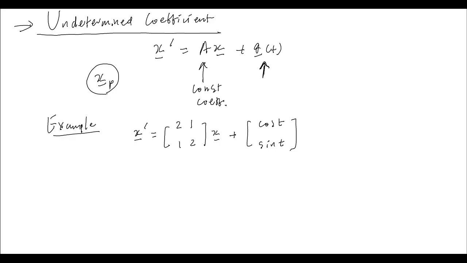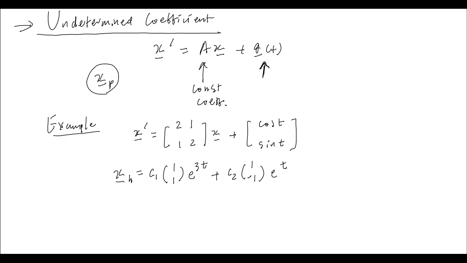And since you know how to do it, I will write down the solution here. If you solve it, xh is c1 (1, 1) e to the 3t plus c2 (1, minus 1) e to the t.